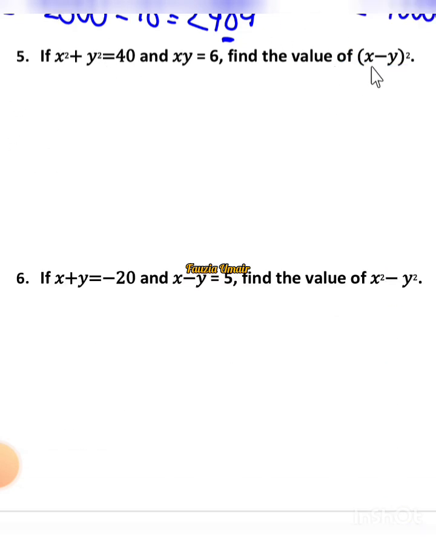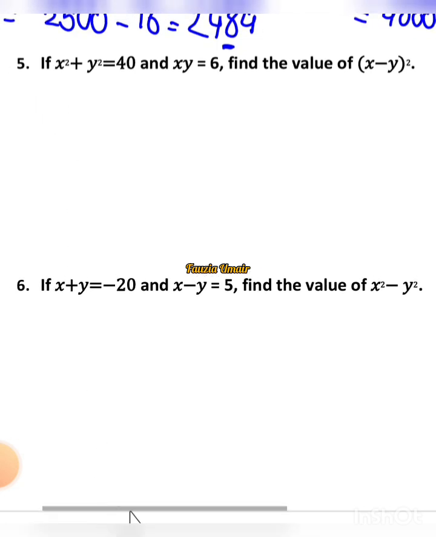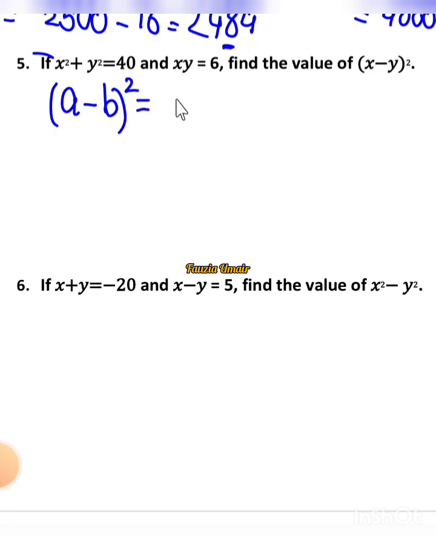This is formula number 2, which is a minus b whole square. So I will write down the formula: a minus b whole square is equal to a square plus b square minus 2ab. This is the original form of the formula.